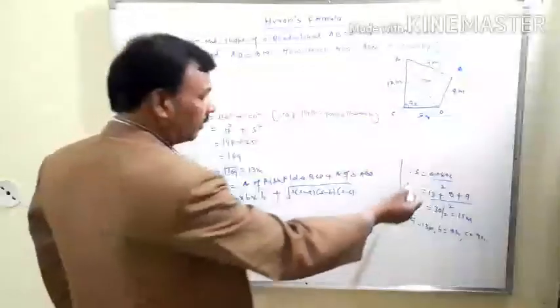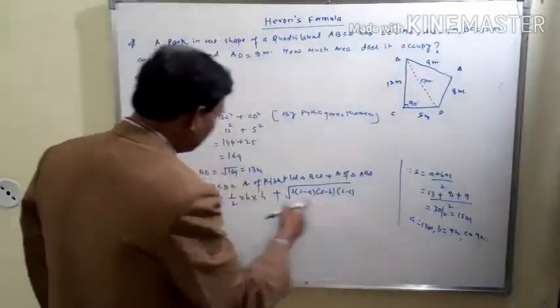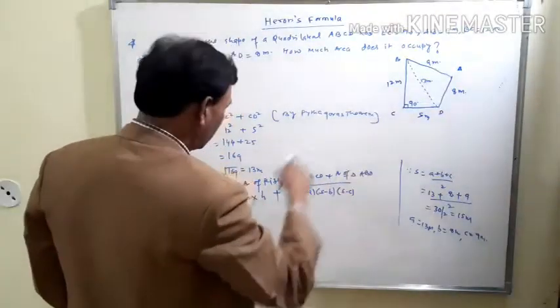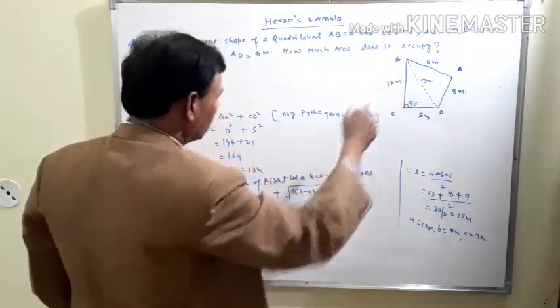Now putting the values of A, B, C and S in this formula, and here B means base, this is the 5, and H means height, this is the 12.